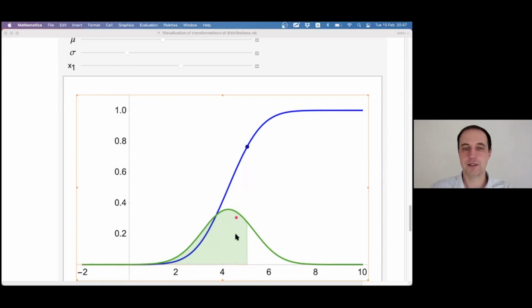And then the value of the CDF is going to be the integral of the PDF all the way from -infinity to this cutoff value. So if you started the integral from 0, then you would not be computing the CDF. You would be just calculating the probability that x is between 0 and this cutoff x1.